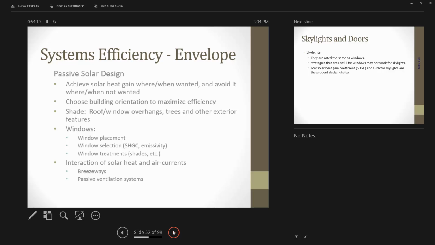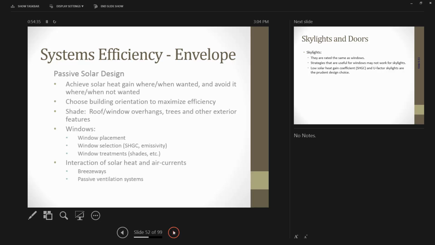Choose building orientation to maximize efficiency. Again, just that little 15 to 20 degrees within south-southeast is significant on the efficiency of it. Shading, which is also part of daylight modeling, again, to avoid overheating. You can do it structurally within the building.